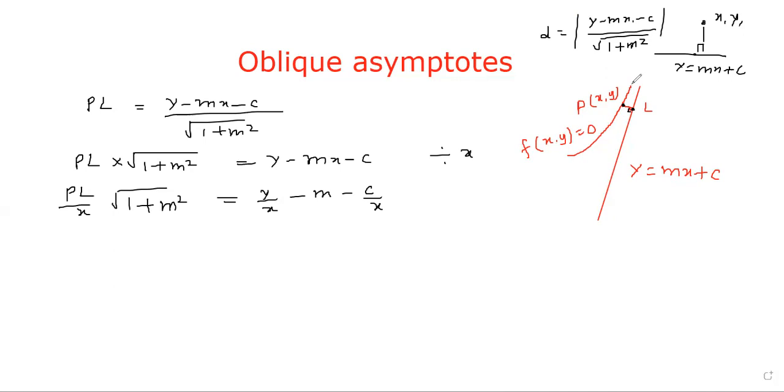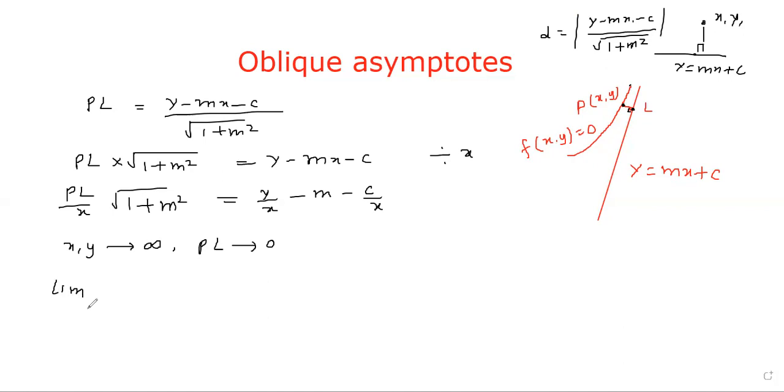Now we assume that this curve meets its asymptote at infinity. So we can say when x and y approach infinity, in that case, this length becomes 0. Then PL tends to 0. So again, we proceed from here.